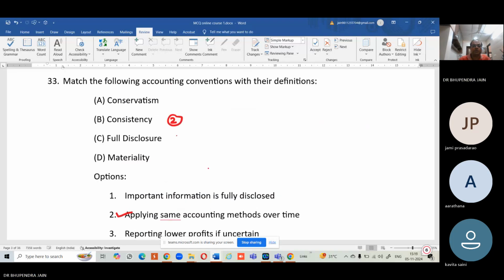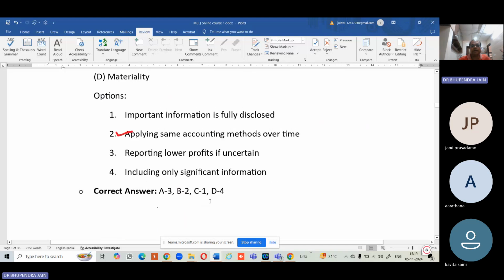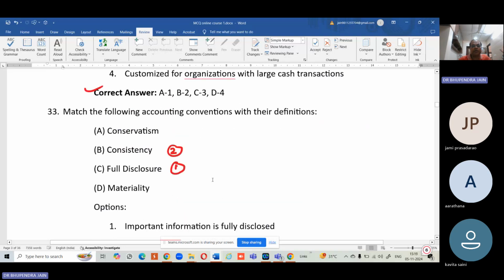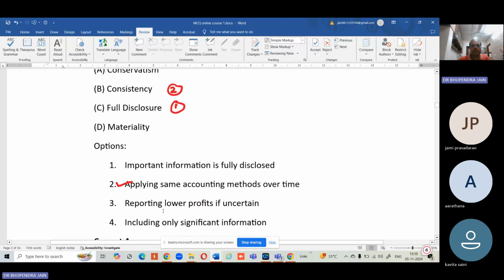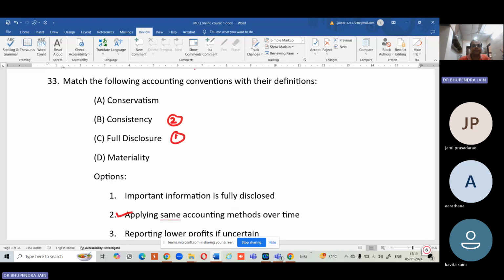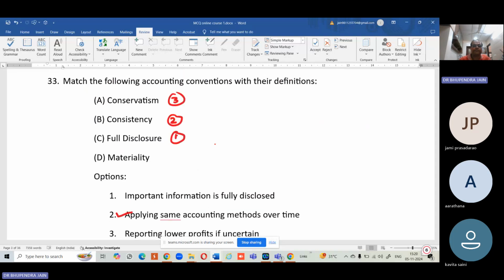So but materiality है ना, including only significant information, और आगे क्या लिखा यहाँ पर, reporting lower profit is uncertain. तो हमारा क्या आ गया बेटा यहाँ पर, ये तो हो गया ना सी का 1, ये आ गया हमारा ए का 3 मतलब रिपोर्टिंग कंजर्वेटिव, एंड द मटेरियलिटी का मतलब हमारा आ गया बेटा ओनली सिग्निफिकेंट इंफॉर्मेशन. दिस इज द करेक्ट आंसर.